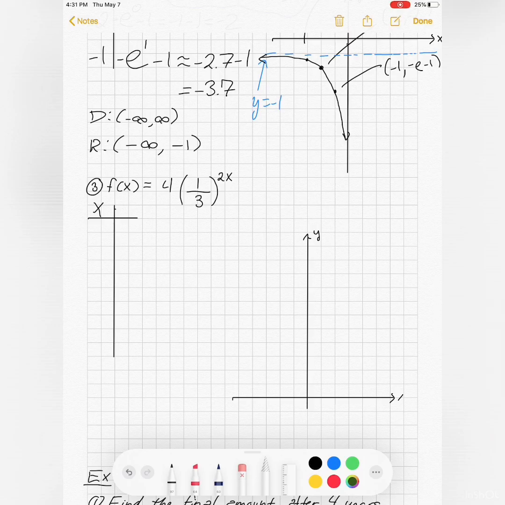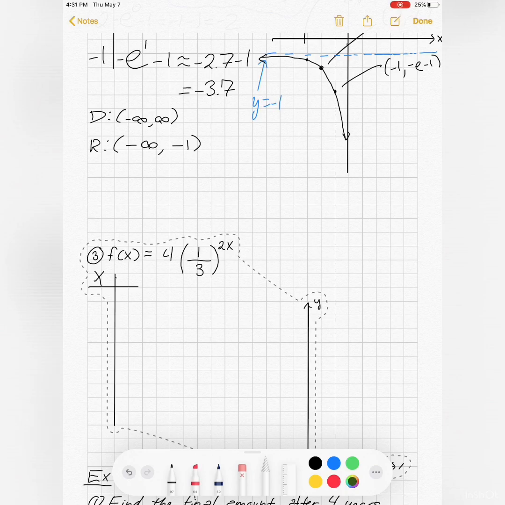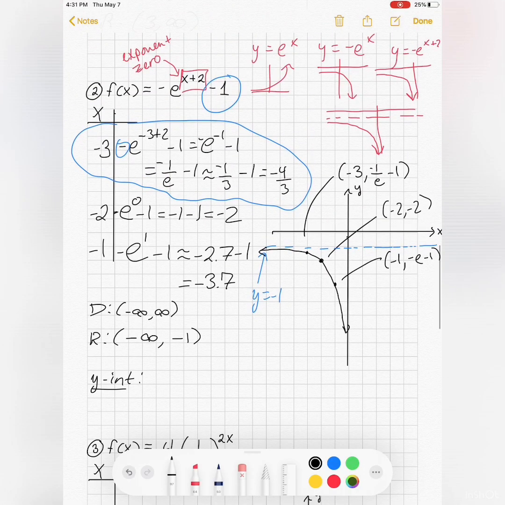So I need to move this down a little bit. I'll put the y-intercept here. So if I wanted the y-intercept, I'd have to plug in x equals 0. Be negative e squared minus 1. That'd be like around, what was that, 7.3, so like 8.3-ish.